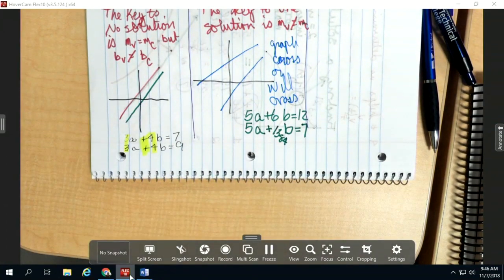Okay? It's something other than 6. It's easy to come up with two lines that don't have the same slope. Got it? Part 7.